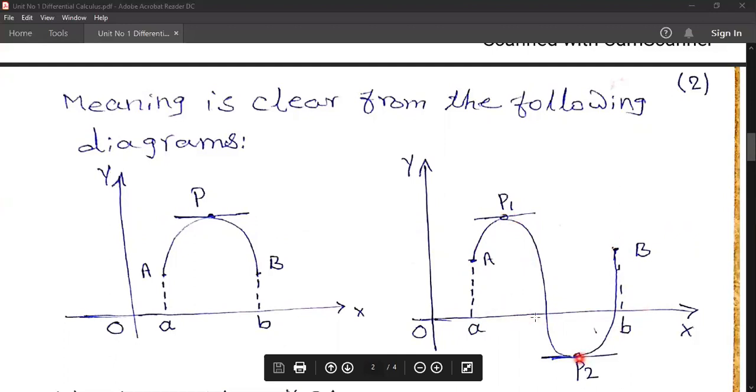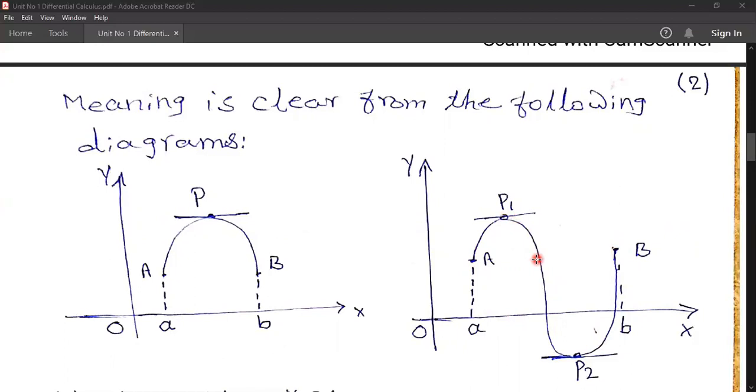So this number may go on increasing. You may have any number of tangents for this curve which may be parallel at points like P1 and P2.